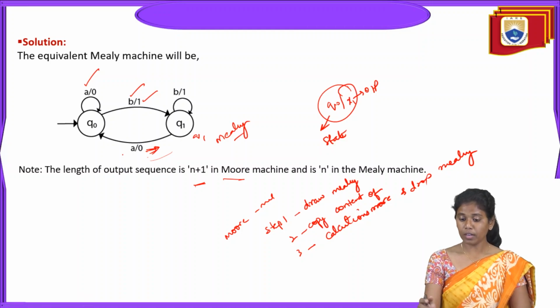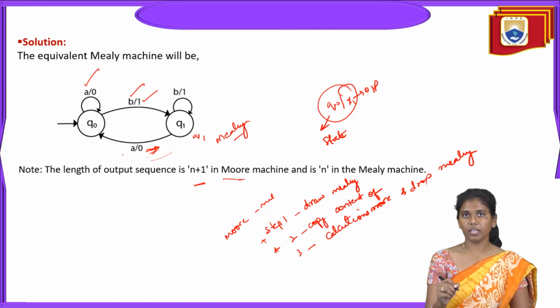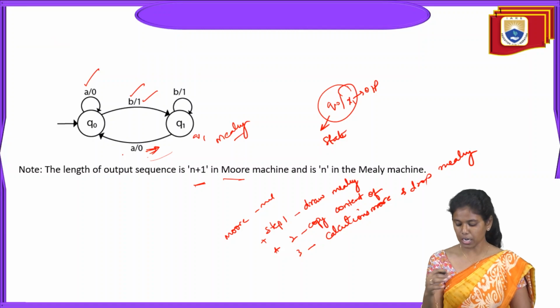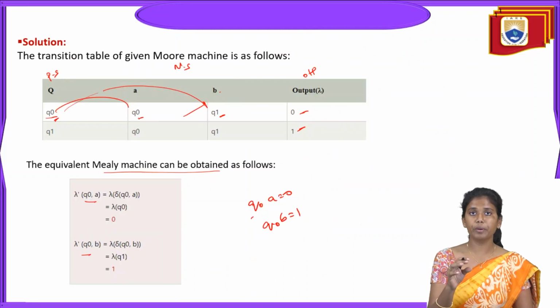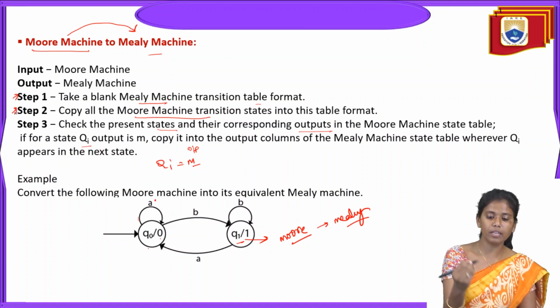So step 1 and step 2 are the main important things if you are going for the conversions. Remember that all these things will be very important, and the important steps to follow are step 1 and step 2.